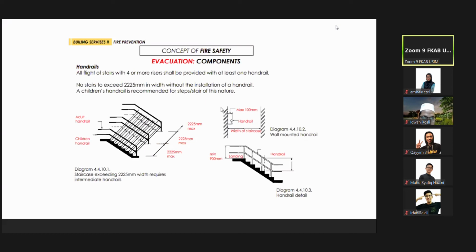Because when Bomba is about to do the inspection, they need to have a very clear width here, not inclusive of the handrail. That's why when you see the handrail here, with the fire staircase tread and riser, it must be clear.